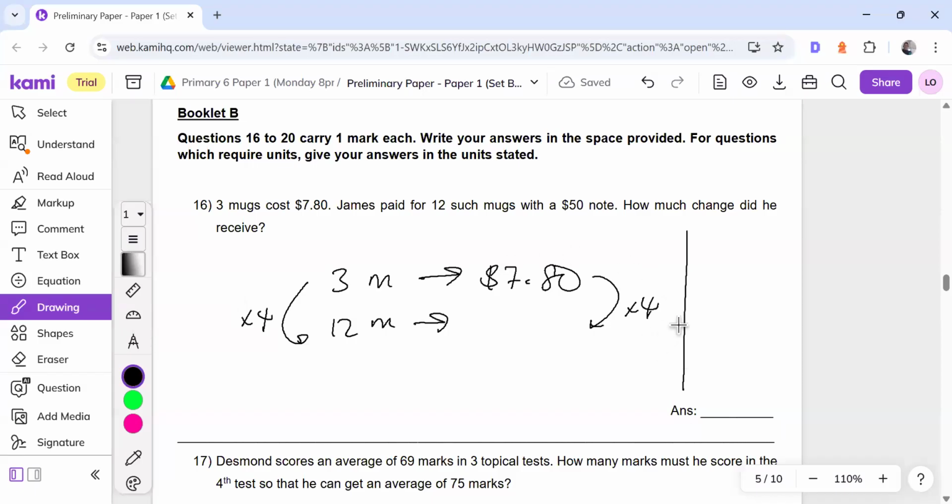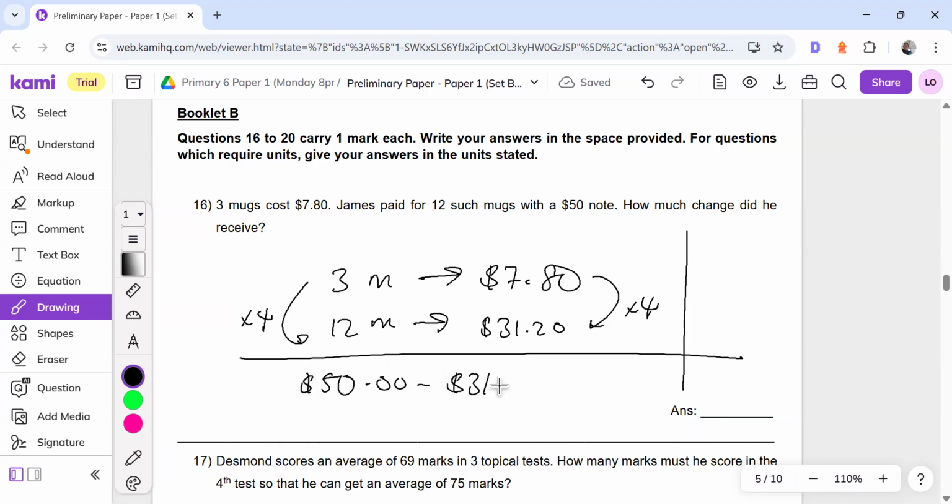So $7.80 times 4, do your working correctly, and you will get $31.20. That's how much you spend on 12 marks. Then he gave the cashier a $50 note, so you minus $31.20. Do your working carefully again, and you will get $18.80.